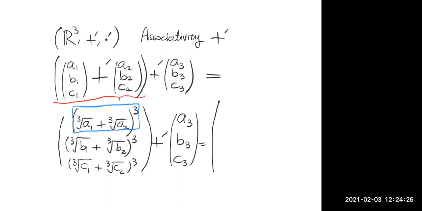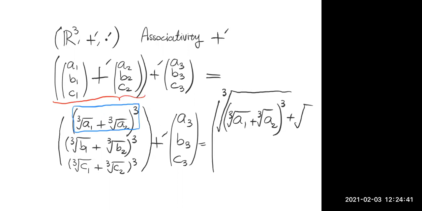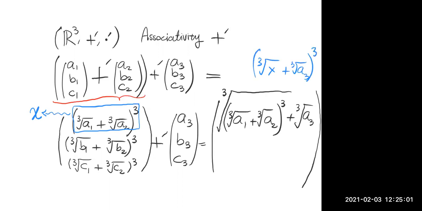I should write this component here and look at its third root, and then add the third root of A3. Is that correct? So if I call whatever I have here X, the addition should be the third root of X plus the third root of A, and then at the end I should raise that to power 3. Do you agree? Is there a question here?